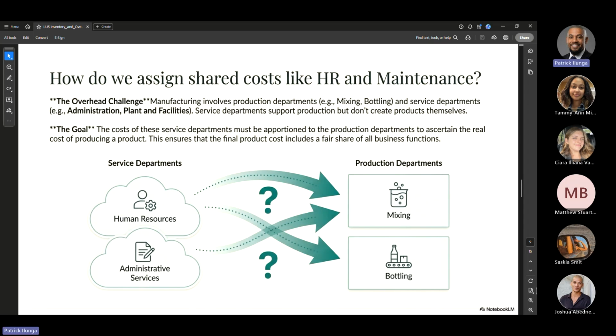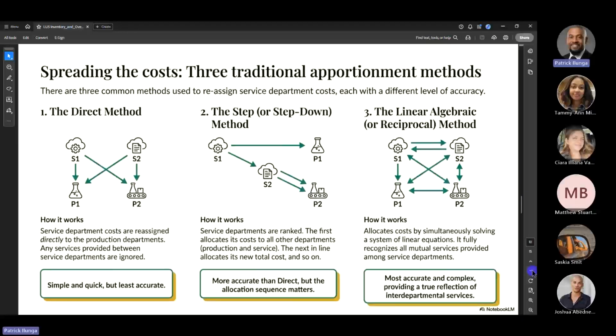All right, that's all. So if you understand this concept, you're good to go. And you have only 3 things to worry about, because we are talking about method. How are we going to allocate that overhead cost? How are we going to assign those service department costs to the actual production?